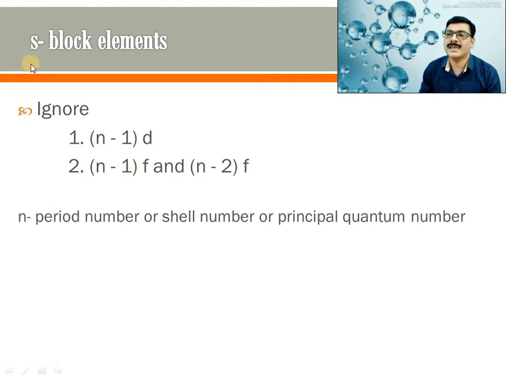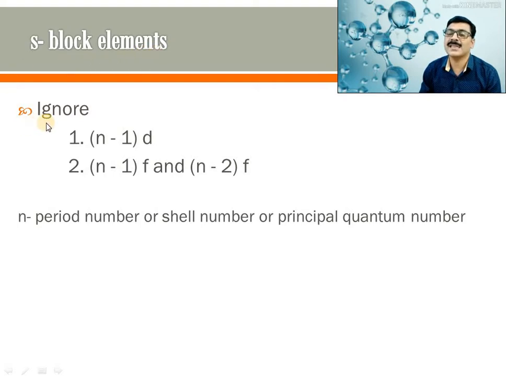So first we see here how to write the shell electronic configuration for S block element. Now for writing the shell electronic configuration of S block element, you have to ignore or remove 2 things. Means you have to remember these two things, then you can easily write the shell electronic configuration of S block element.